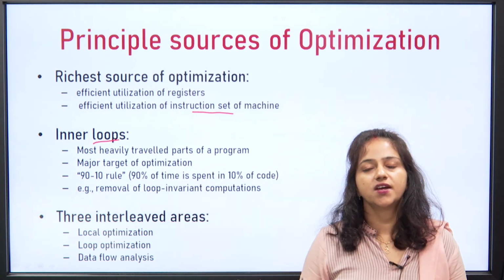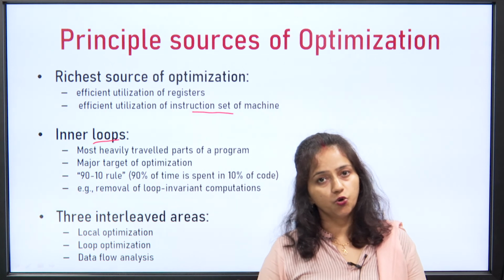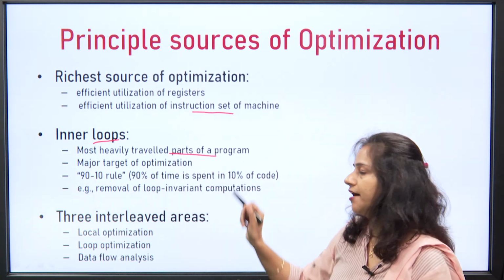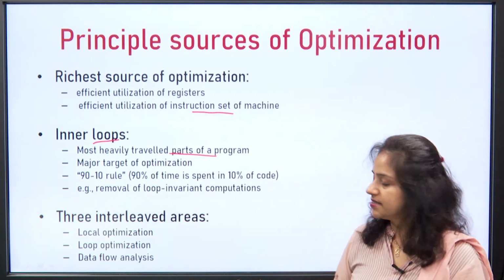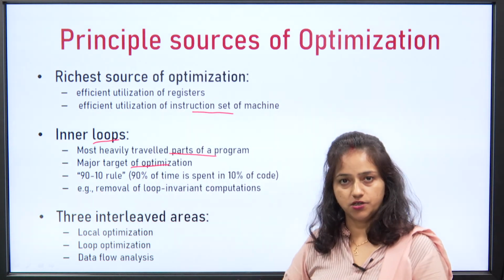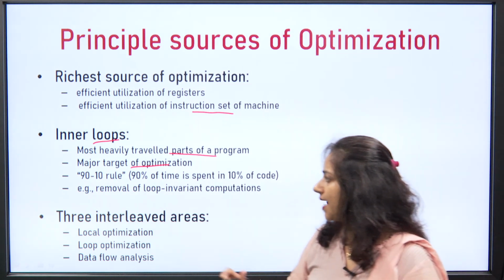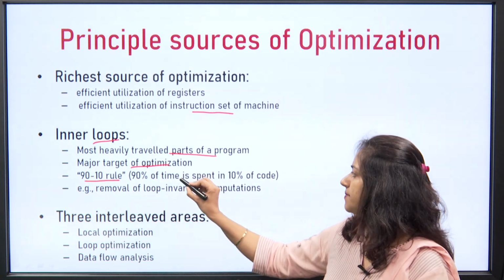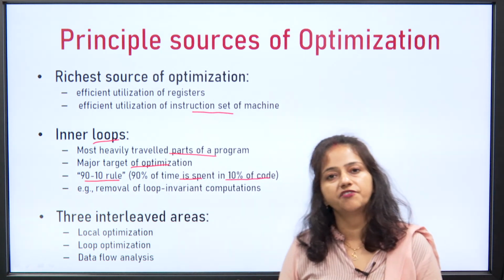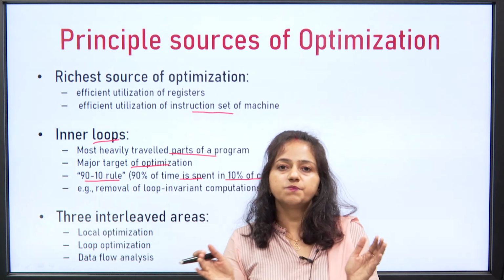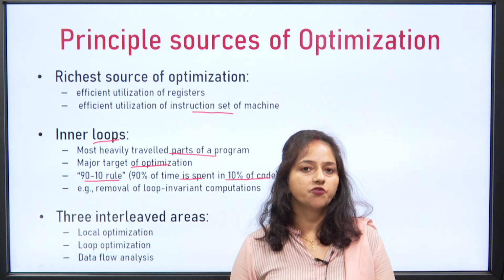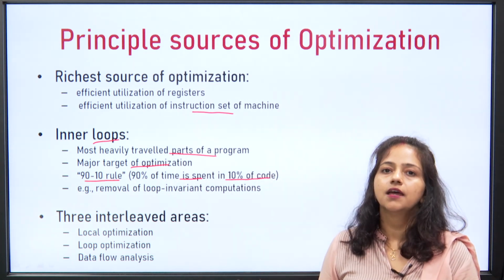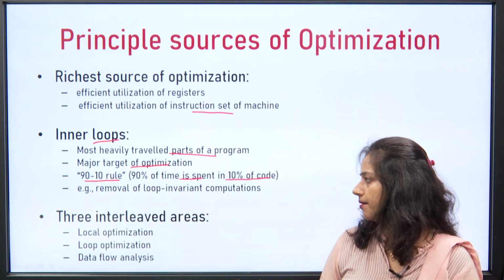The program that we are designing may have certain loops, that are the inner loop part, and this is the most heavily traversed part of the program and a major target of optimization. We have a rule, the 90-10 rule. It says that 90% of time is spent in 10% of code.